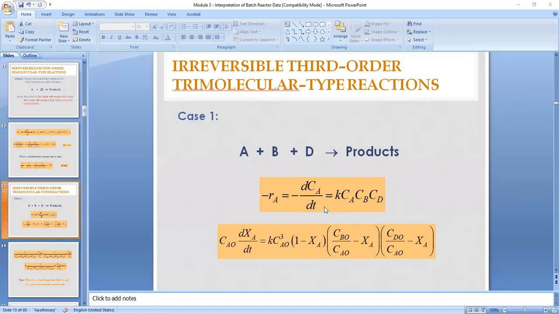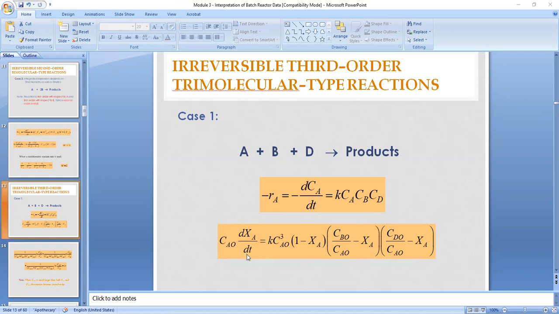Now, if this particular derivative is written in terms of conversion, as shown to you last meeting, it would look something like this. And if the right side is represented in terms of conversion of A only, you have to find an equivalent expression for the concentration of B at any time in terms of the conversion of A. Why will you do that?